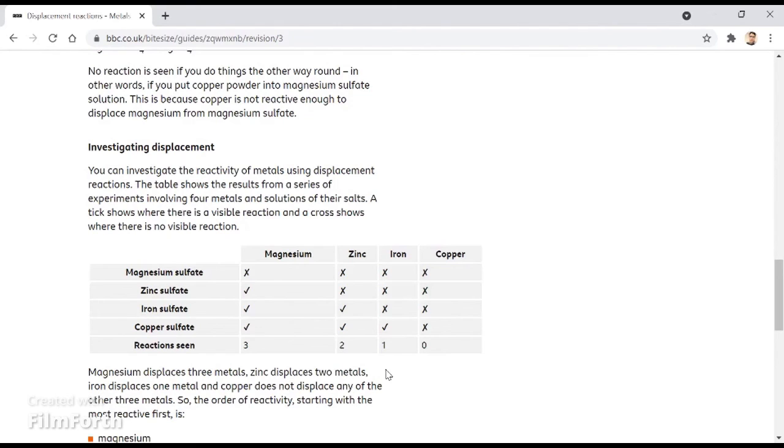Okay, now please write about this. Write it down. In a displacement reaction, we can investigate the reactivity of metals.